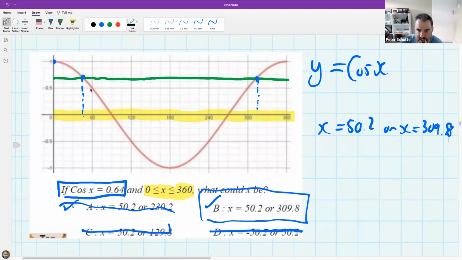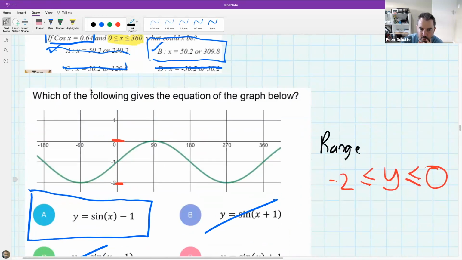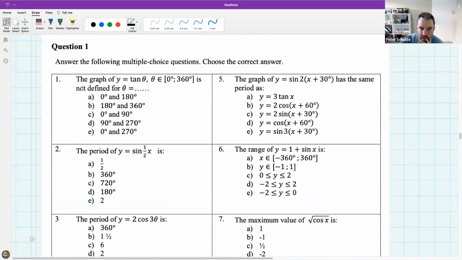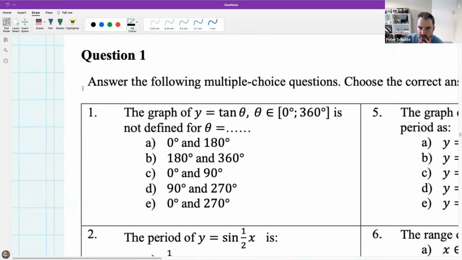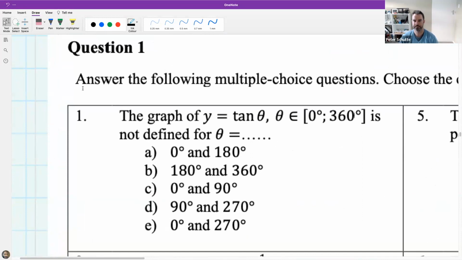Okay, fantastic. Let's squeeze in a last couple of ones before the break, and then after this, we're going to do strictly old exam questions. So, number one, the graph of y equals tan theta, where theta is between 0 and 360, is not defined for which values of theta?